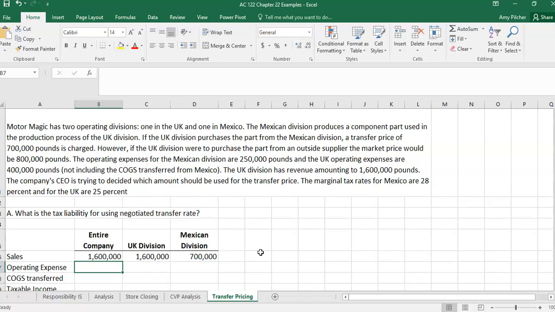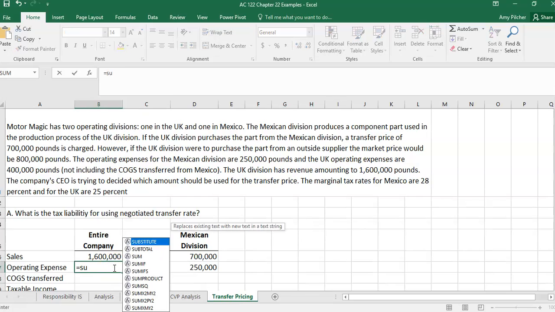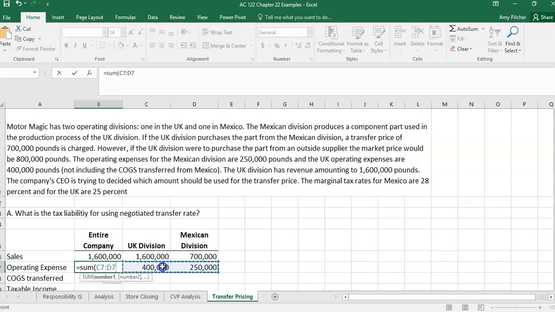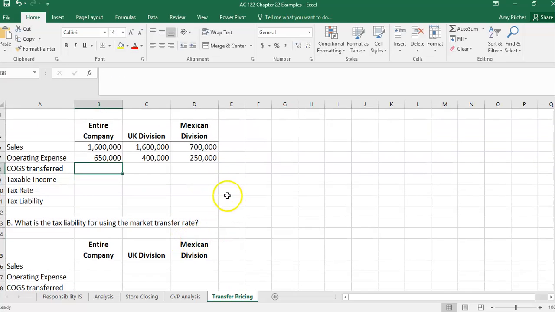Okay. For operating expenses, it says that we have 250,000 in pounds for the Mexican division and 400,000 for the UK division. This is a total of 650,000 in operating expenses for the entire division.